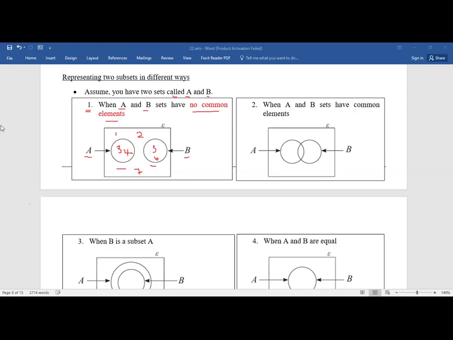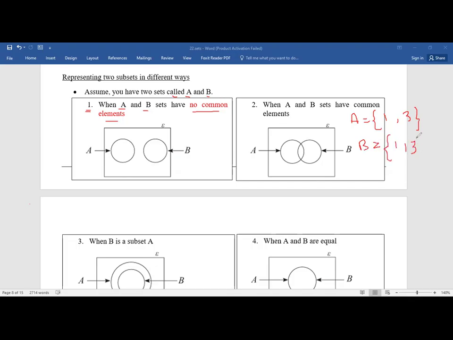Then when A and B sets have common elements. Now think A is 1, 3 and B equals 1, 3.